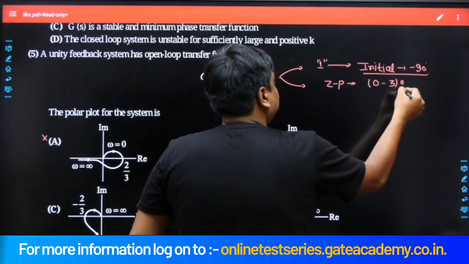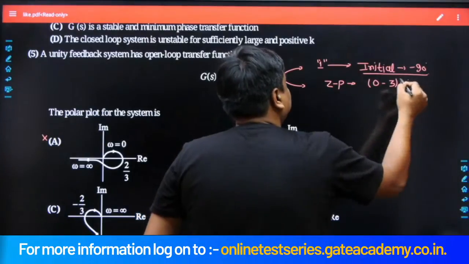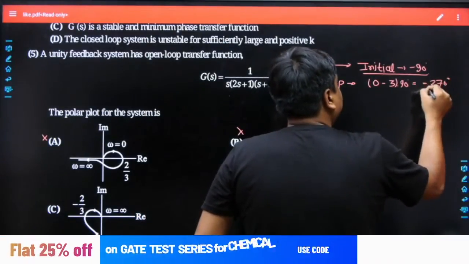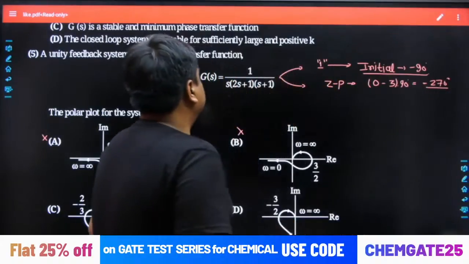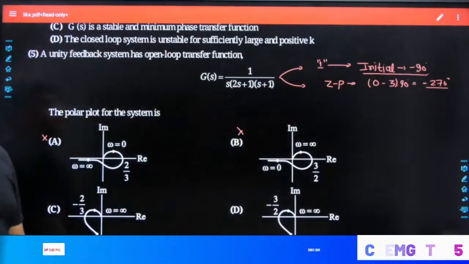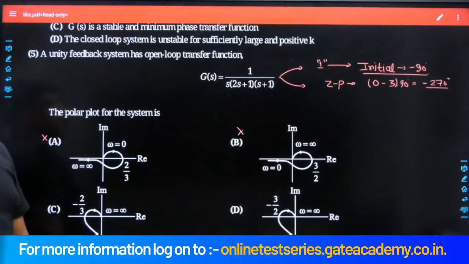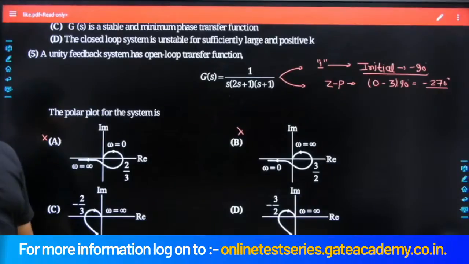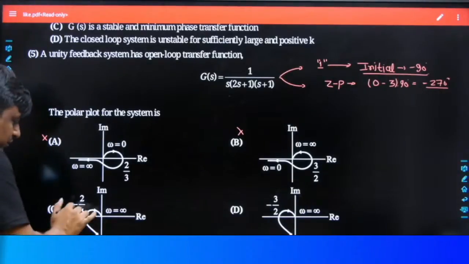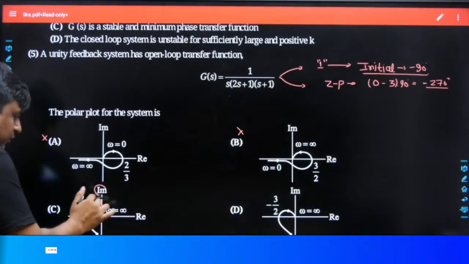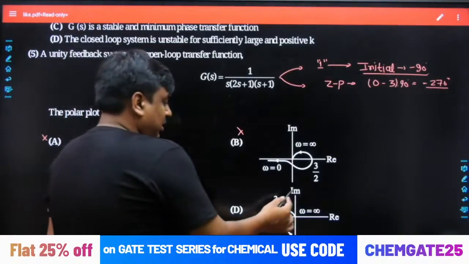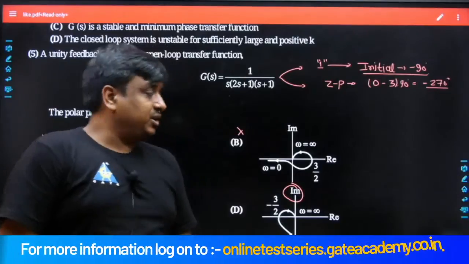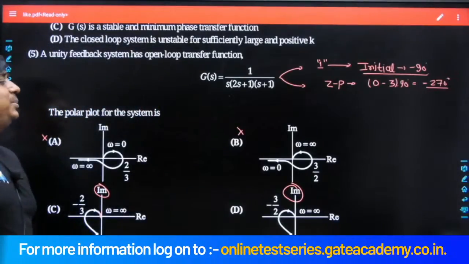Once we multiply this subtractive factor with 90 degrees, the result is minus 270 degrees, and that would be the final angle offered by the given open loop transfer function. So obviously it's going to be minus 270. Again, C and D are the options left with us, because at omega equals infinity, it takes the reference of the minus 270 degree line, and similarly here also it takes the reference of the minus 270 degree line. So option A as well as B has been ruled out.